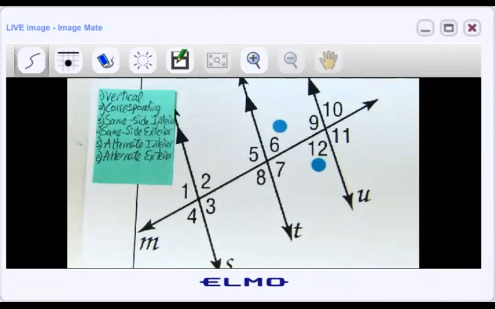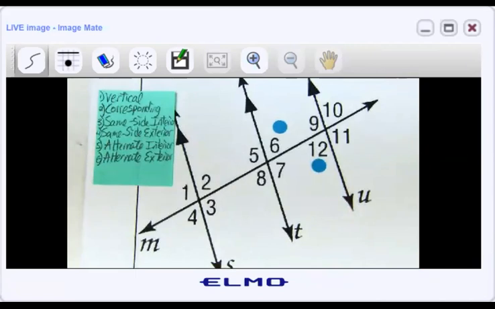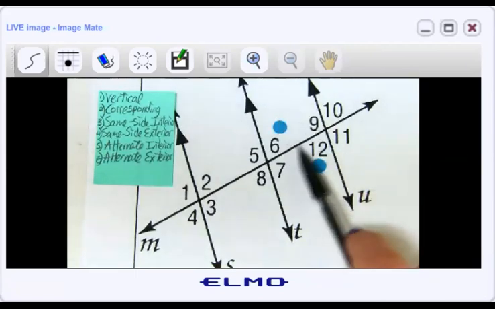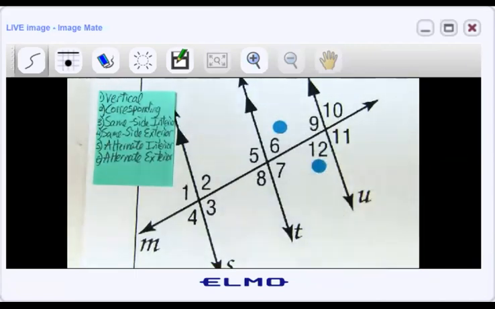Alternate interior? Yes, alternate interiors. Very good. One's above the transversal, one's below. So we got alternate, and then they are both on the inside of these two lines. Alternate interior. Perfect.